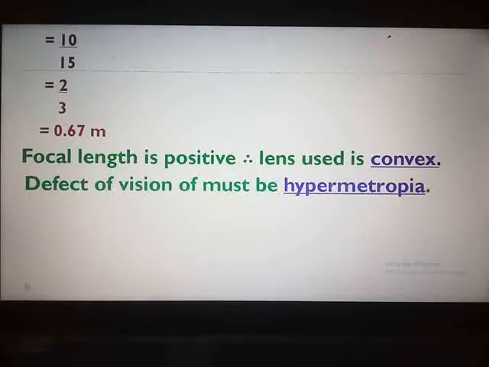See the type of question, how it is asked in a tricky way. It is very simple. Just application of a small formula and you get the answer. Now any other power value they can give, and if you get the focal length in a negative value, then you will say that the lens is concave and then the defect of vision must be nearsightedness.